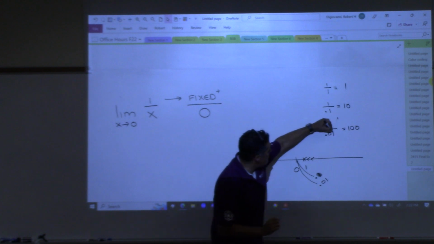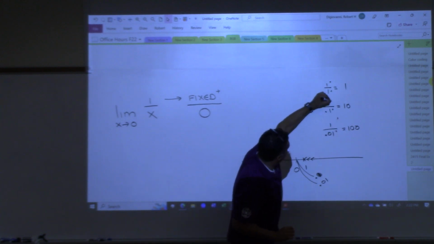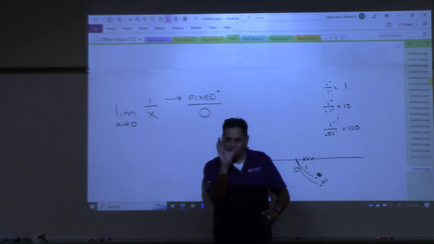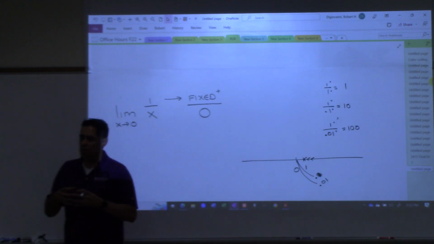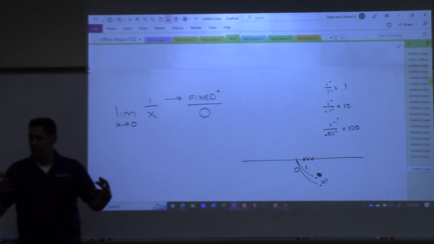All these numbers on the bottom were positive, and the tops were positive. The number on top doesn't change. The number on the bottom is getting smaller and smaller, always a positive number. That ratio is getting what? Huge, right? Huge and positive.